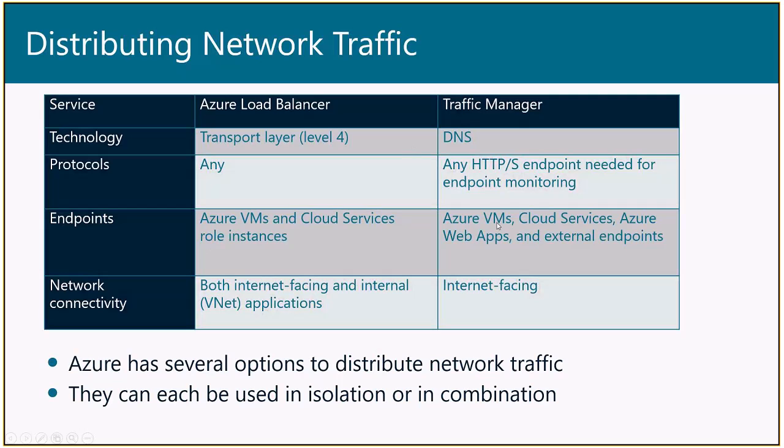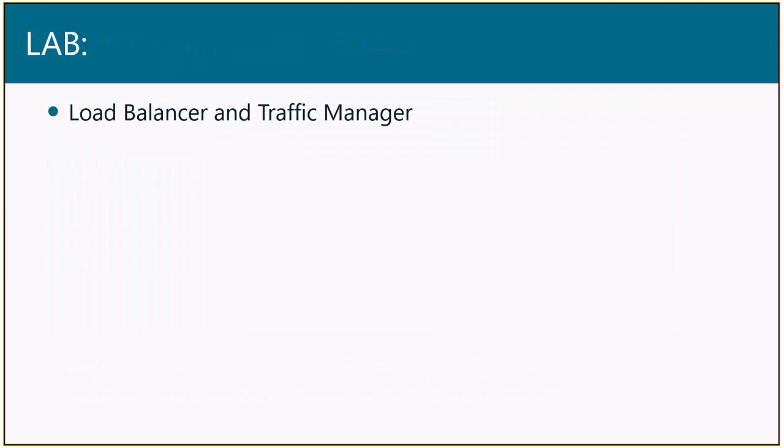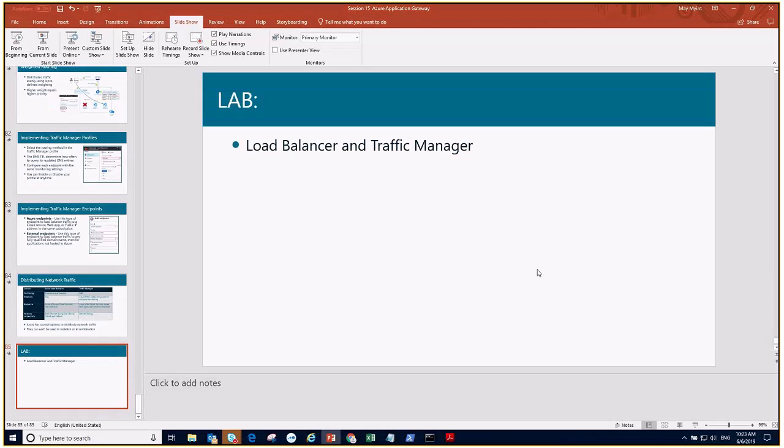For endpoints, Traffic Manager can use an Azure VM, Cloud Service, Azure Web App, and external endpoints. So if you're using a Web App, definitely it has to be Traffic Manager; Azure Load Balancer does not do that. For network connectivity, Traffic Manager is internet-facing only, so going out only. It doesn't do internal networking.